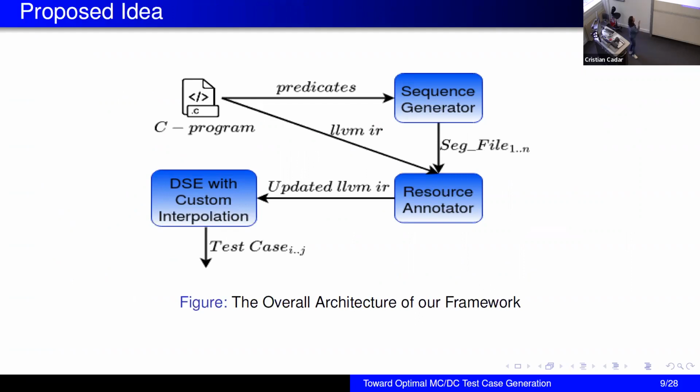First we extract the predicates present in the program, and we supply those predicates to the sequence generator to generate the sequences. Along with the sequences, we supply the LLVM IR to the resource annotator, which annotates the LLVM IR based upon the required sequences, and then we supply the updated IR to the dynamic symbolic executor.